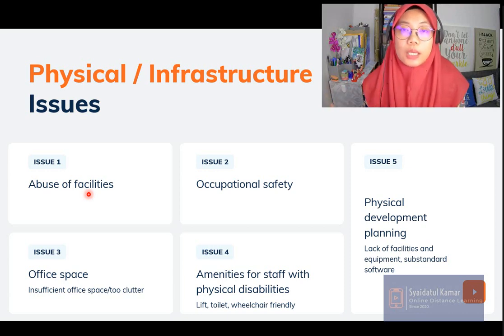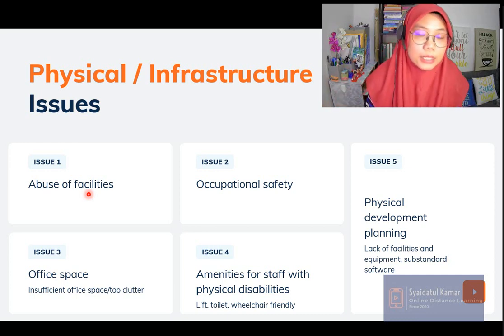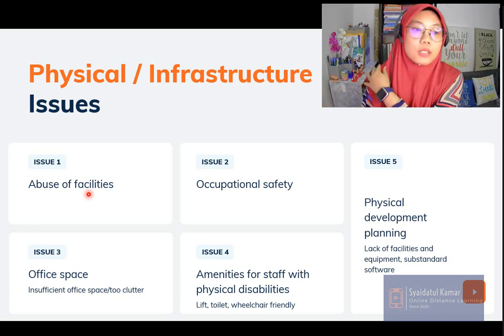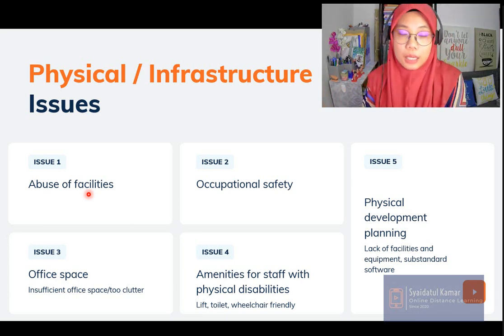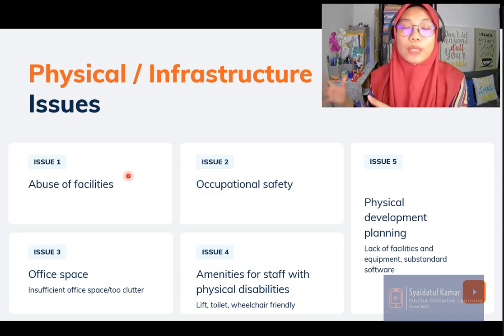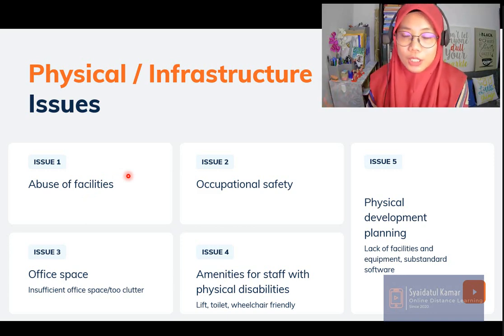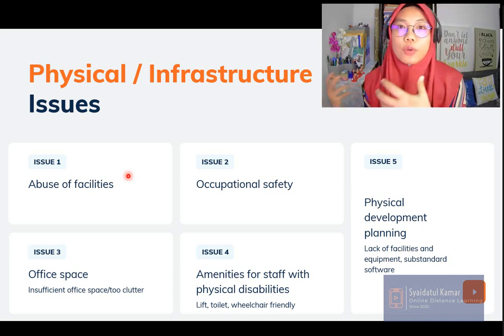Now that you are working at the office, you have all of these facilities that are prepared for you to complete the job. But instead of using the facilities to do the job, you use them for your personal gain. For example, you have the photocopy machine, you have the office printer. Instead of using it for work, you use it for your own personal use.